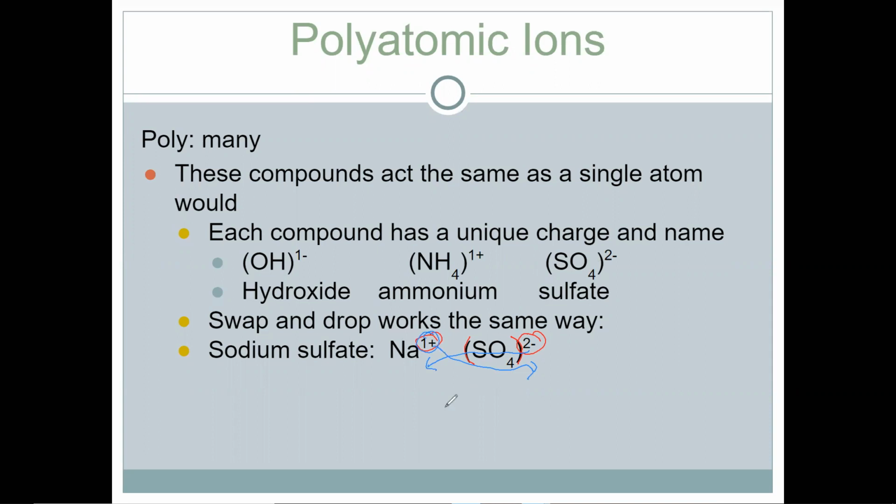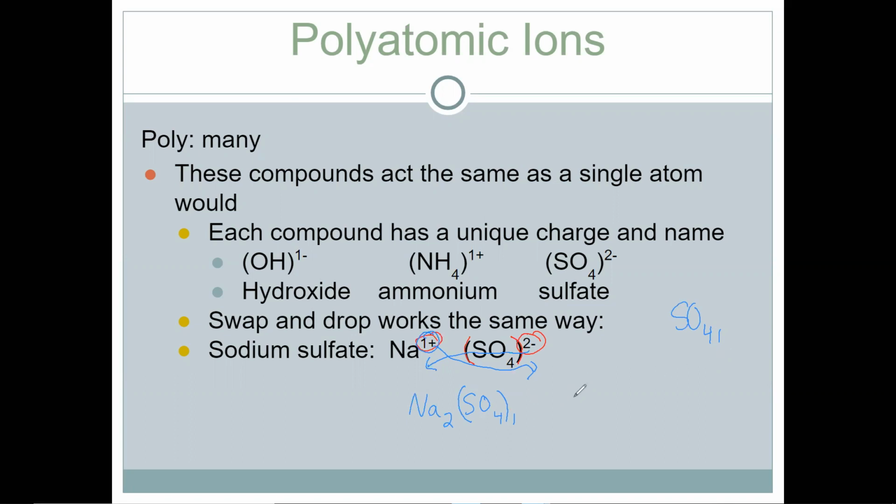So when you're writing this compound, we have Na2(SO4)1. And make sure you include your parentheses when you put another subscript here. Because if you didn't, it would look like this, and you'd be telling me that there are 41 oxygens attached to a sulfur, and that is never the case.